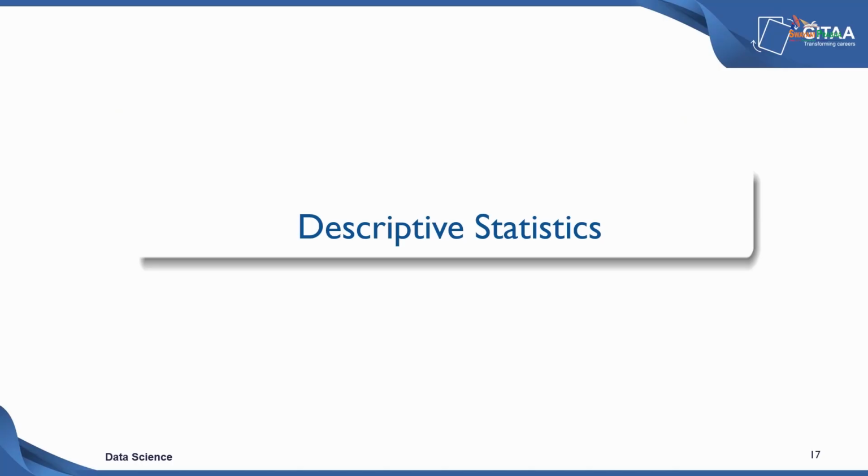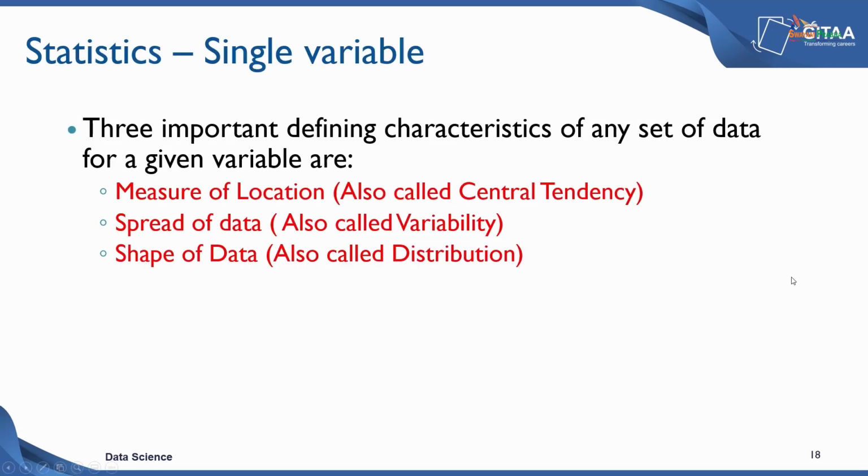So let's move into describing the data using the data types that we have. There are three important defining characteristics that we want to use for any set of data, for any given variable. First is the measure of location, also called the central tendency.